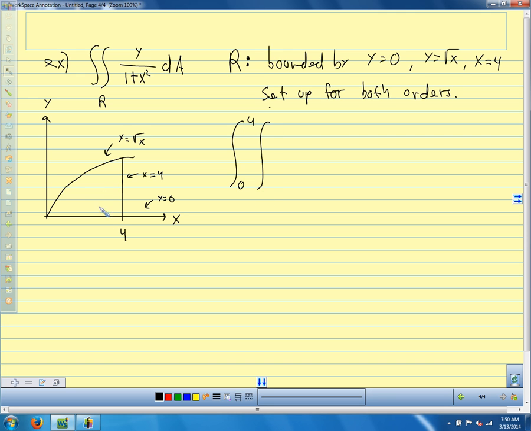For our vertical rectangles, if I sketch the vertical rectangles in here, there's my vertical rectangle. Y varies from 0 to square root of x. And then I have my integral of y over 1 plus x squared dy dx.